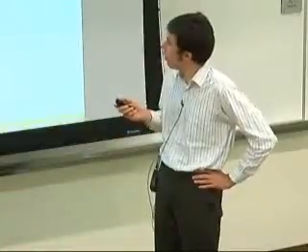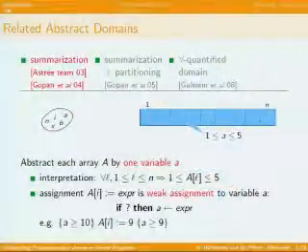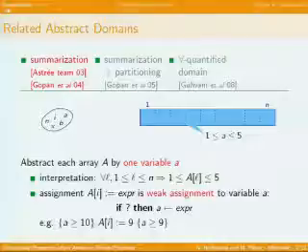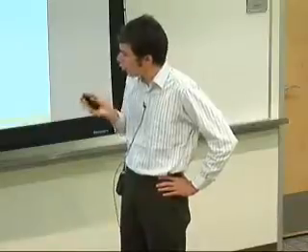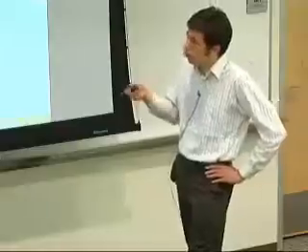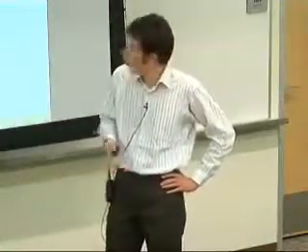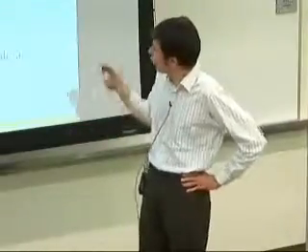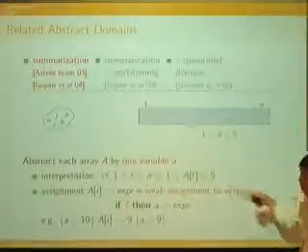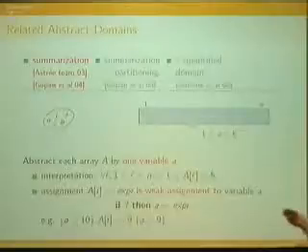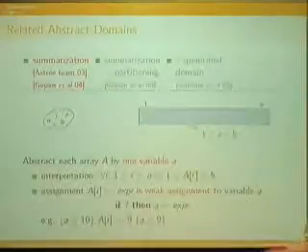So first, in increasing order of expressiveness, you have summarization techniques, which consist of abstracting each array A by a scalar variable that you manage with other scalar variables but with a different interpretation and different transfer functions. So here, for example, you have that A is between 1 and 5, which means that all the values of the array A are between 1 and 5.